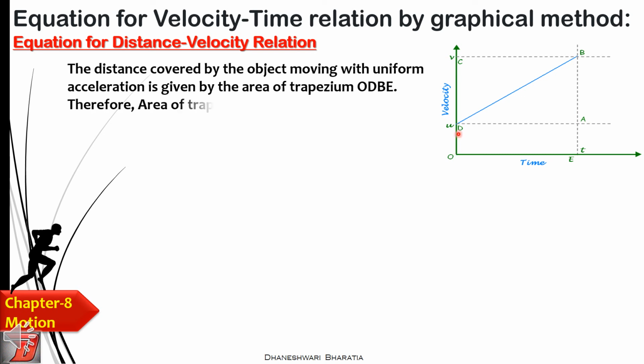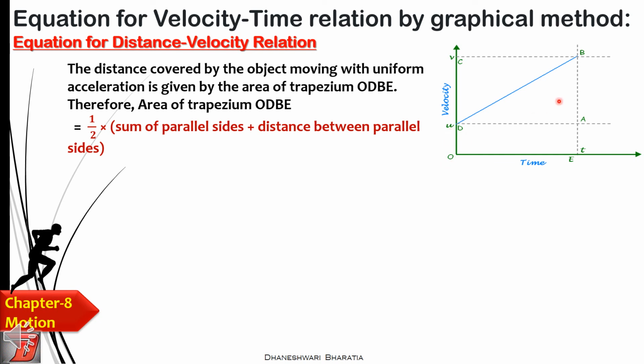Now we know how to find the area of the trapezium. It is half the sum of the parallel sides times the distance between them. अभी यहाँ पे parallel sides कौन सी है? ये OD and BE. They are the parallel sides of the trapezium. Distance कौन सा travel किया है? OE.